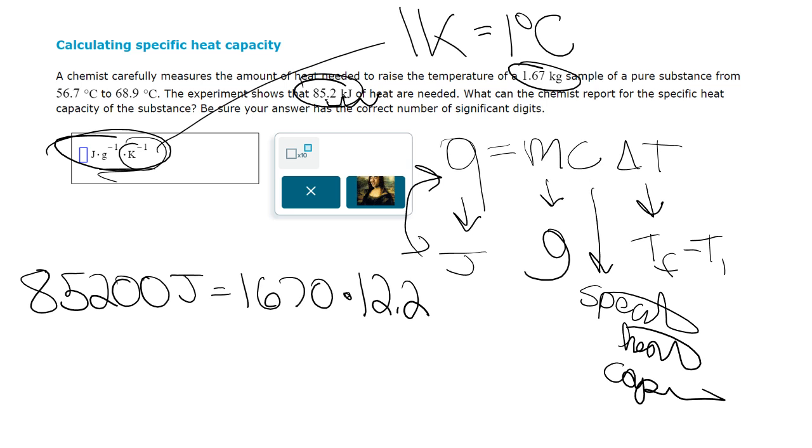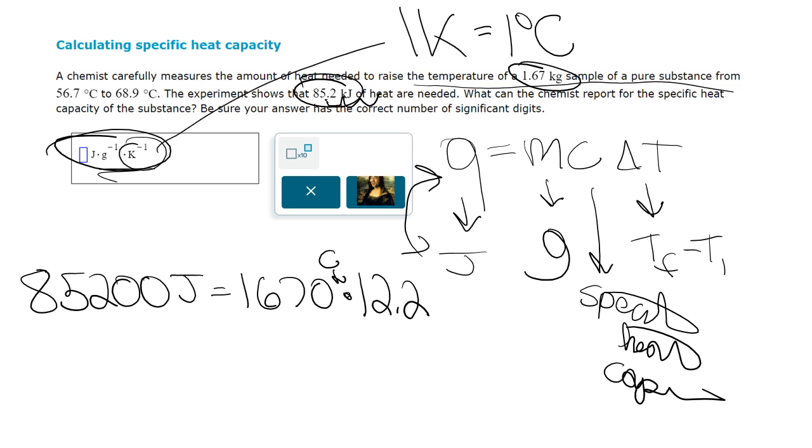So we have to find specific heat here. Q equals MC change in T, so C should be in there. We're going to go 85200 divided by 1670 divided by 12.2. And so this is water.